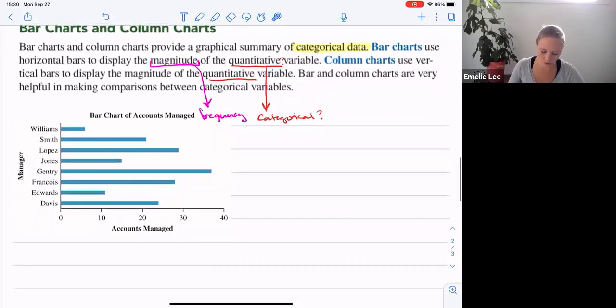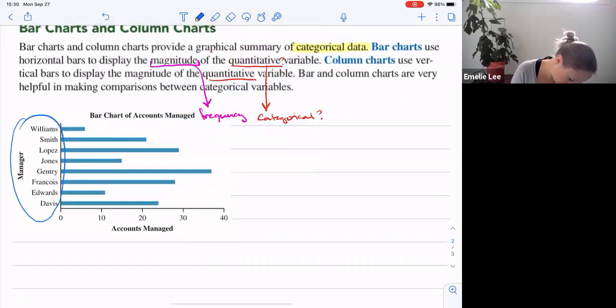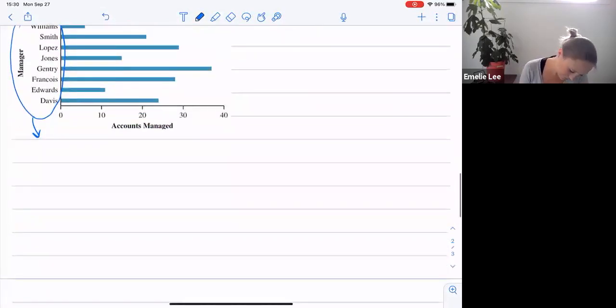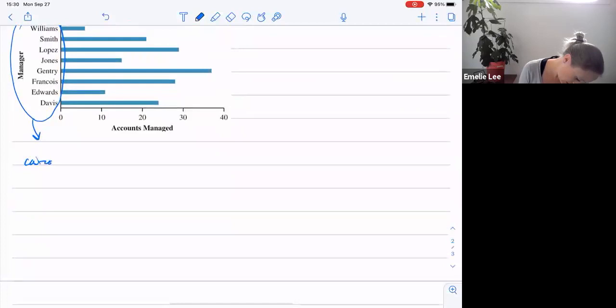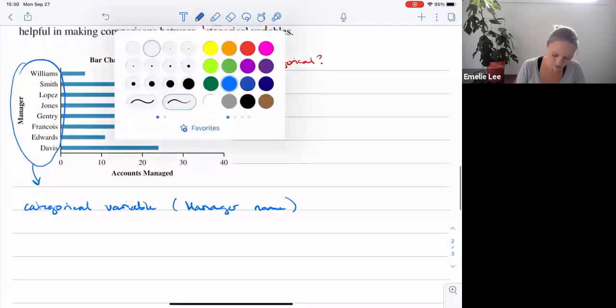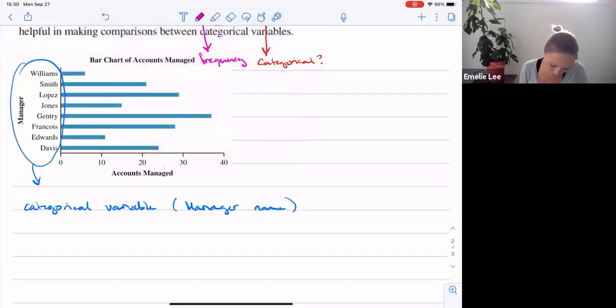But anyway, what we have is some categorical variable, in this case, the name of the manager. This is a categorical variable, which is the manager name. And then here we have the frequency.